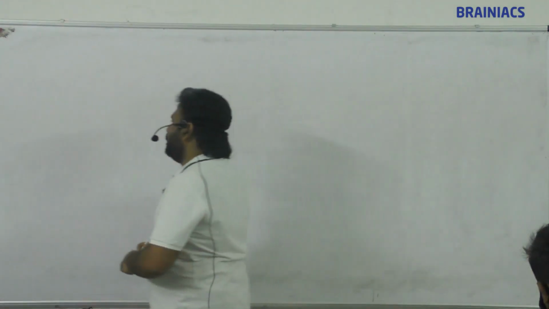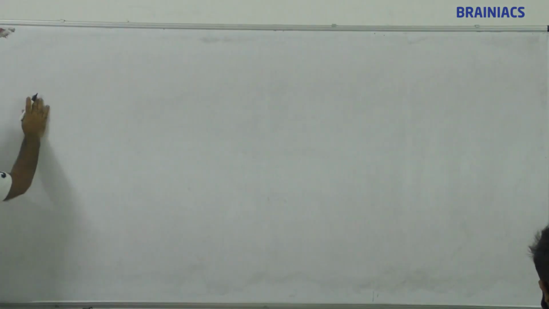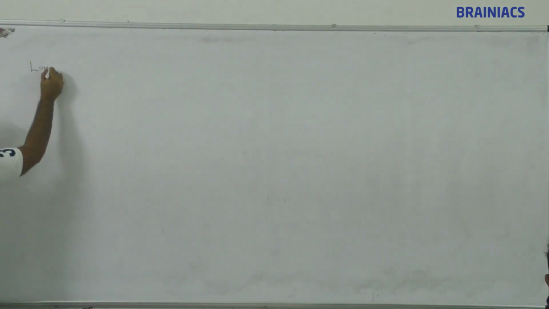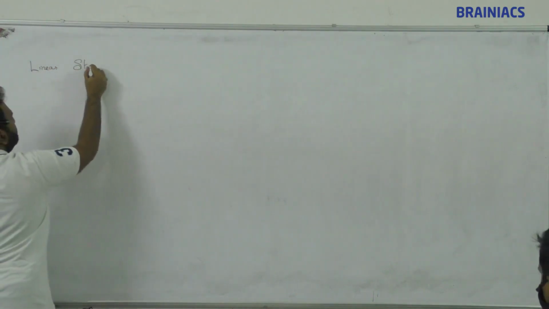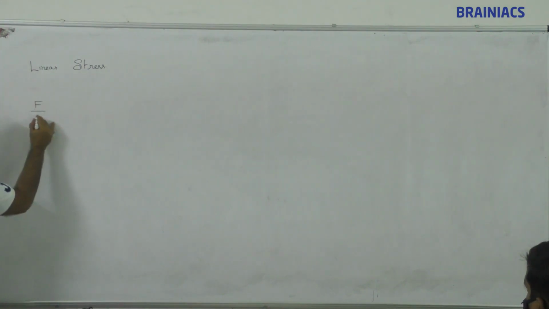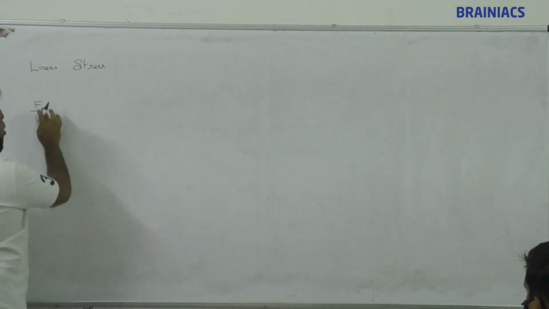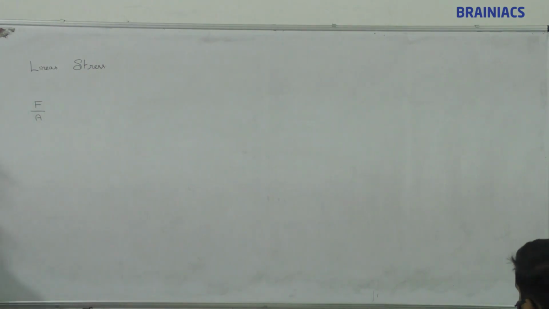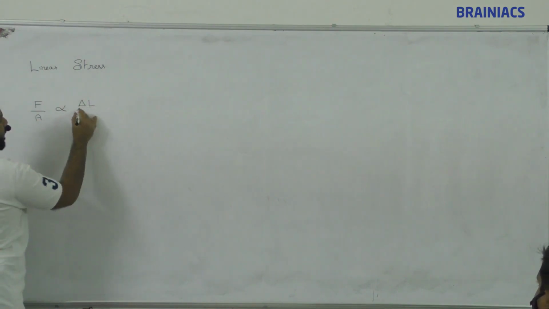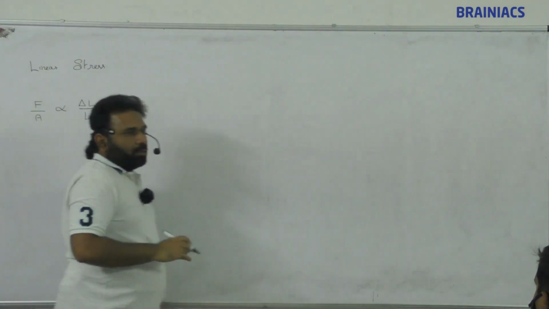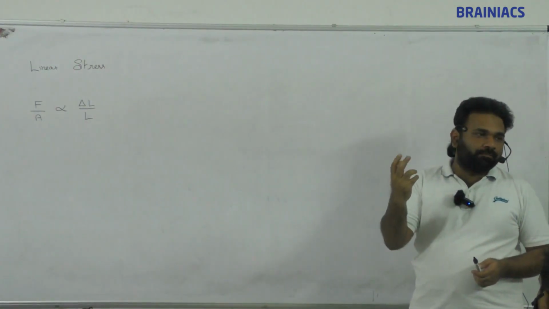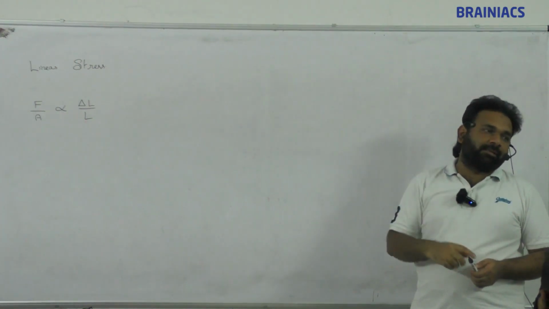Now suppose we consider this linear stress, F restoring divided by A. This is proportional to delta L by L. Just like if we increase the stress, the strain also will increase.